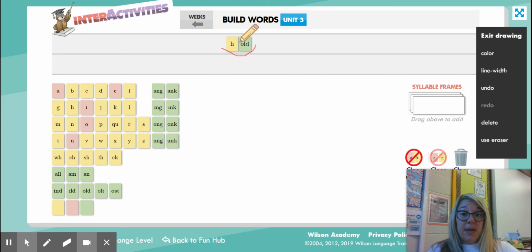But I have to remember the old, the O makes a long vowel sound. So I'm going to put a straight line above the O. And underneath, I'm going to put a C with an X through it because it breaks that spelling rule. It is not a closed syllable because it has that long vowel sound. Let me see if I can zoom in on that for you so you can see it. Nope, I cannot. And don't forget, OLD is a glued sound, so we still want to box that glued sound.